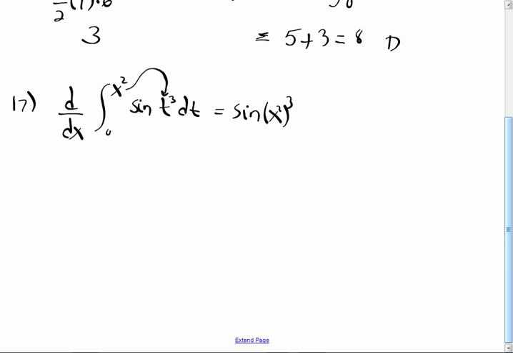And because if you had integrated it, you would have some function of x squared, you have to differentiate that x squared, so you have to multiply by the chain rule, 2x. So the answer is E.